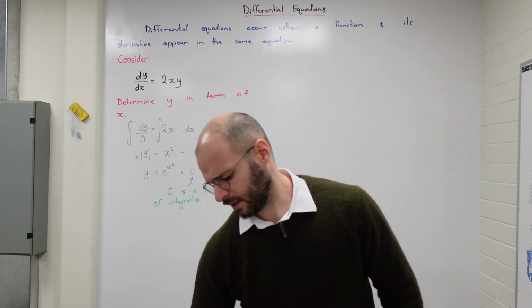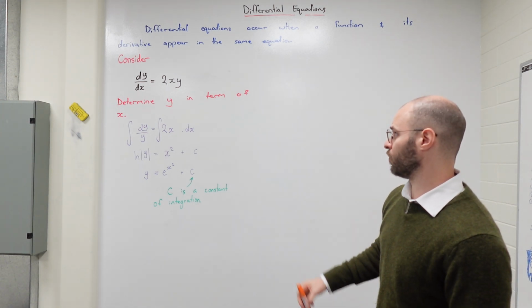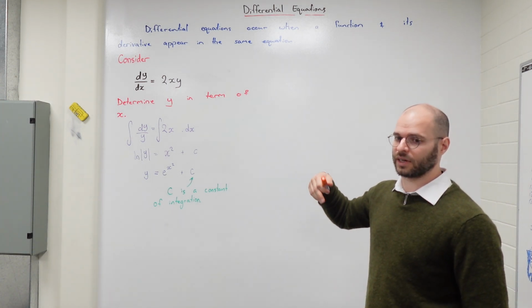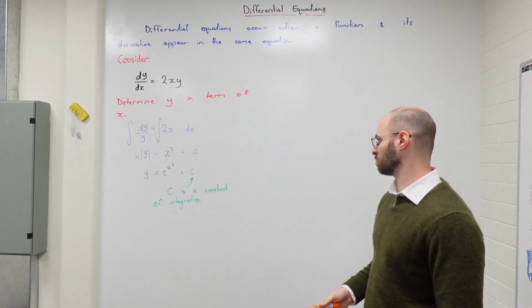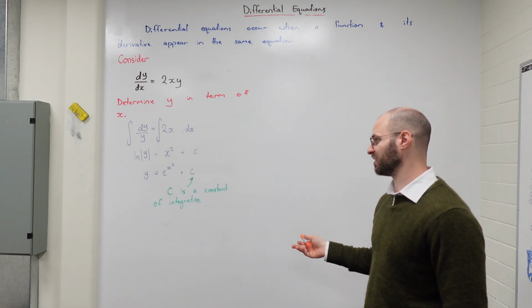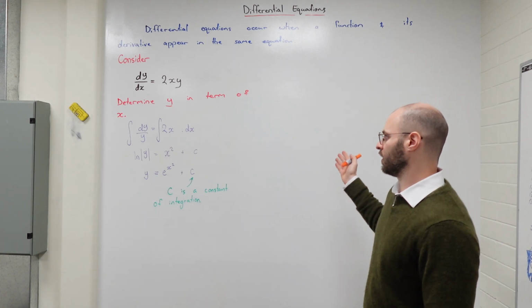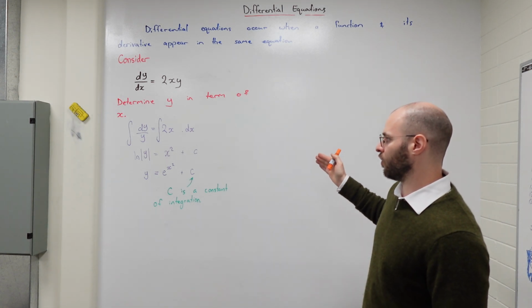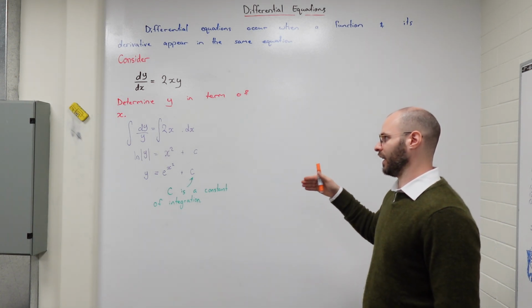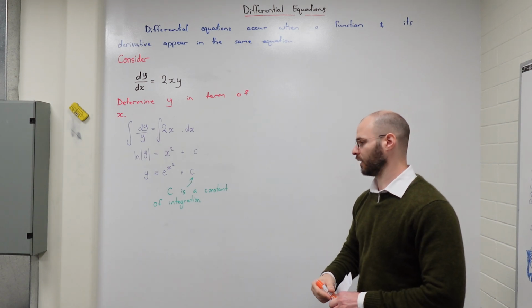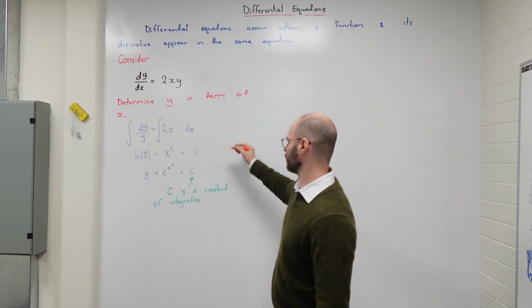So what we've done in this instance is take a differential equation and rearrange it into an equation that's not a differential equation, just by moving all the functions of y to the left and the functions of x to the right, and then integrating both sides.